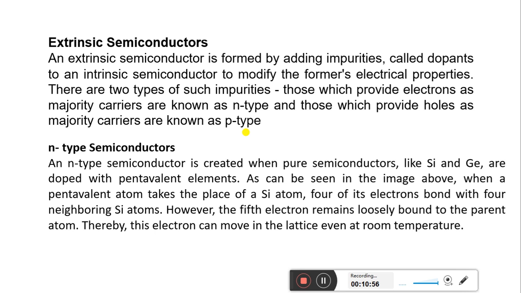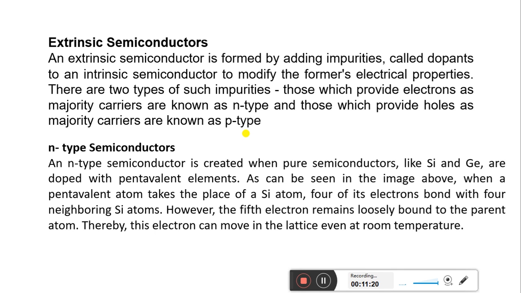I have already discussed in the previous slide that extrinsic semiconductors are classified into two types, that is, n-type and p-type. Now how we make n-type and p-type semiconductors, we will discuss here.